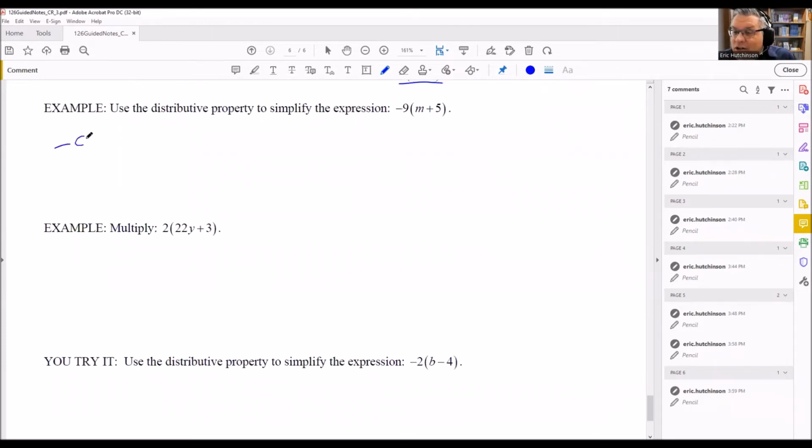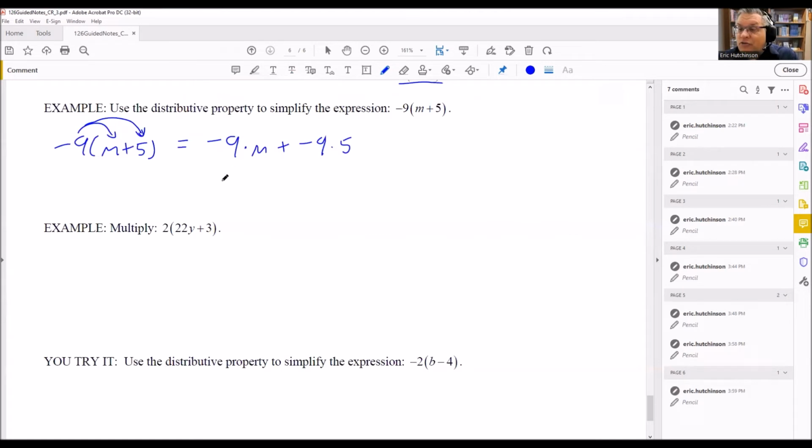Now, if I have -9 times m plus 5, what that means is I'm going to take -9 times the m, and -9 times the 5. So -9 times both of these. Here's what it'll look like: -9 times m plus -9 times 5, just like that.